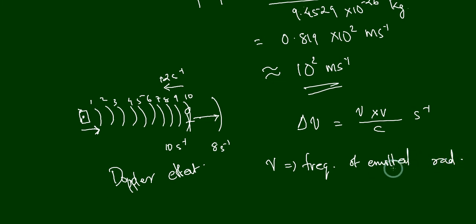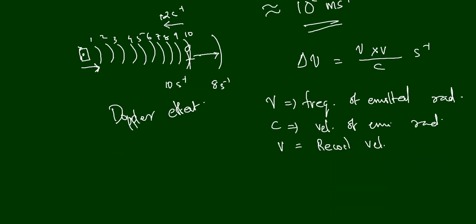In our case, that is 3.5 into 10 raised to 18 hertz, C is the velocity of the emitted radiation, and V is the recoil velocity. So if you know the frequency of the emitted radiation, the velocity of the emitted radiation and the recoil velocity of the source, then we can calculate the Doppler shift. Doppler shift is the shift in the frequency experienced by the sample nucleus.